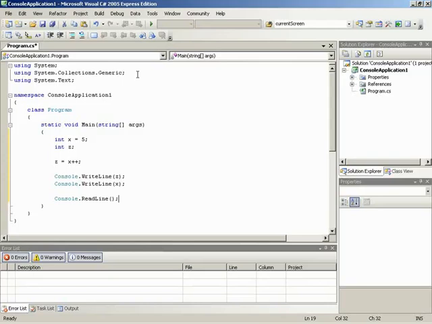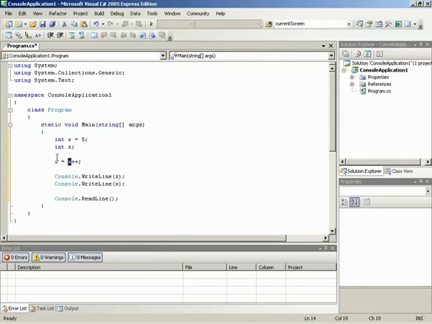Now, again, let me review. x gets assigned 5. z is initialized but unassigned at the moment. z equals x plus plus. Since the plus plus comes after the x, the value that is in x gets put over into z. So what is in x at the moment? 5.